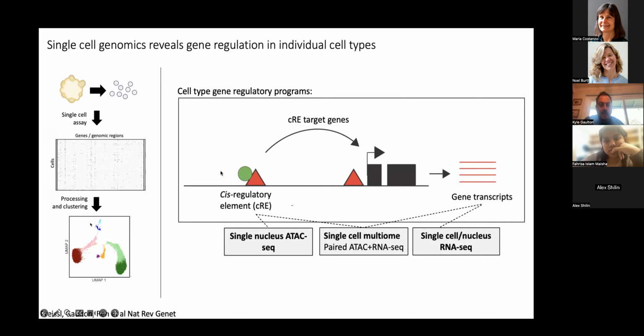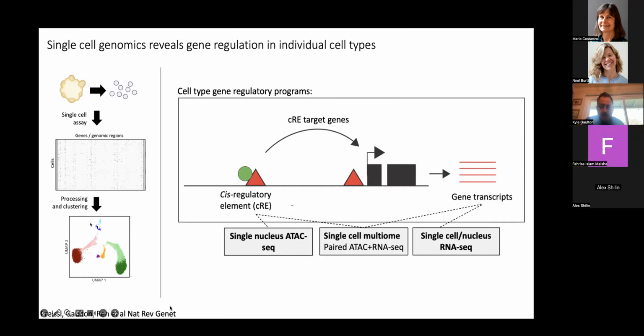And so these cis-regulatory elements or CREs can be assayed using assays such as single nucleus ATAC-seq. Increasingly, and I'm sure a lot of people in the consortium are generating these types of data, multi-omic data, which is paired profiles where you get both RNA-seq and ATAC-seq from the same cell.